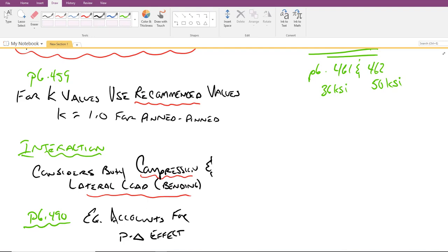This essentially becomes a piece that goes into the interaction equation, but for the sake of the steel portion of the course, from a conceptual standpoint, so long as you know that the interaction equation exists and should be utilized, we'll go ahead and lay off and just calculate what the allowable stresses are. And we'll go ahead and do that in an example in the next video.